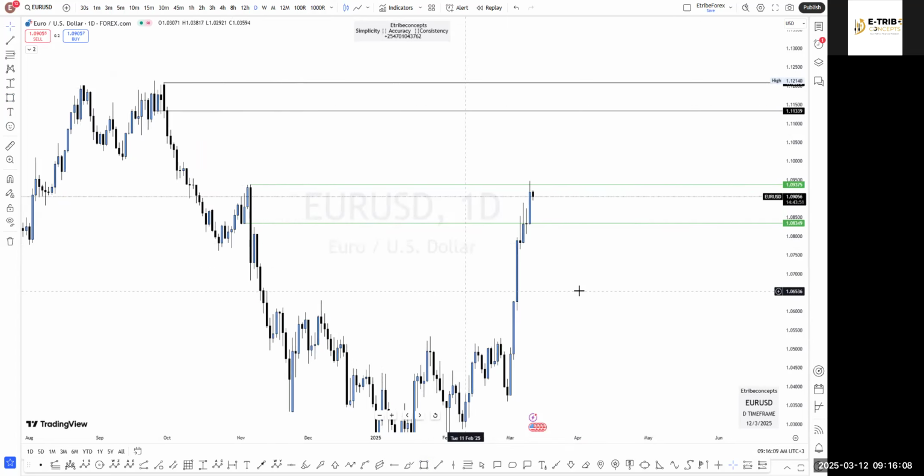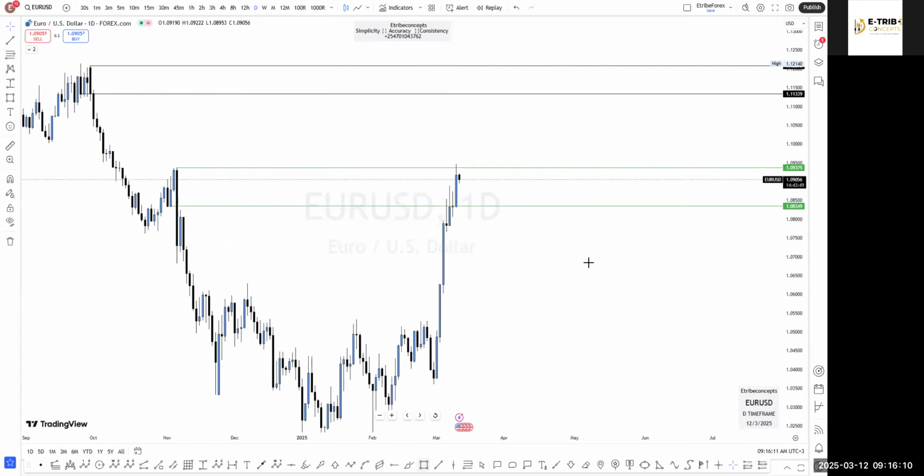Type 1. When I'm talking about type 1 of liquidity, it's more of like a bearish engulfing. We have a candlestick that looks like this. The market forms something like that, and then you see the wick of the previous candlestick, which is a bullish candlestick.